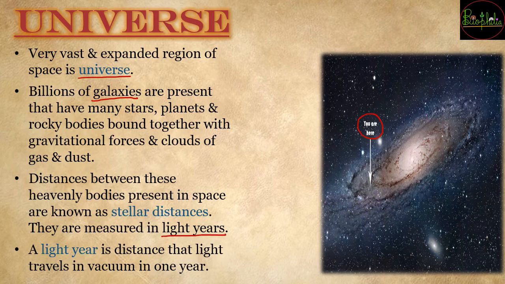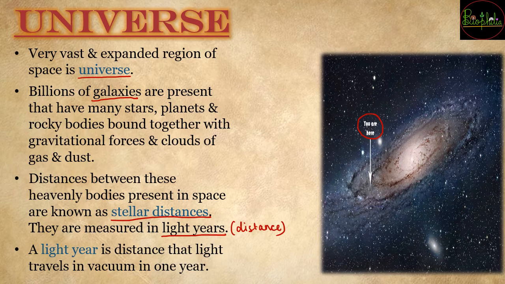So light year is the unit not for time, but it is very important to remember it is the unit for calculating distance. So these distances that are calculated in light years are called stellar distances, because these are related to the celestial bodies.